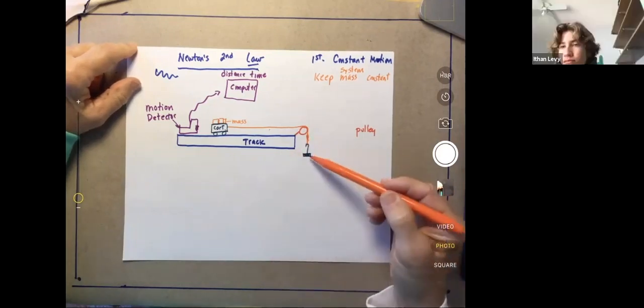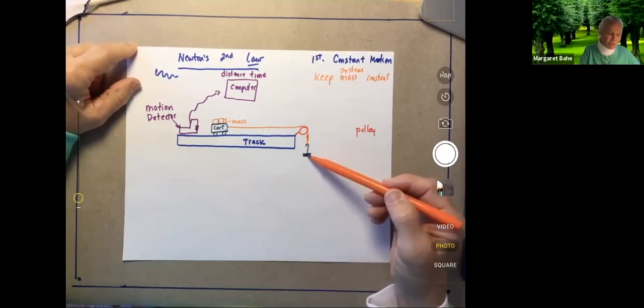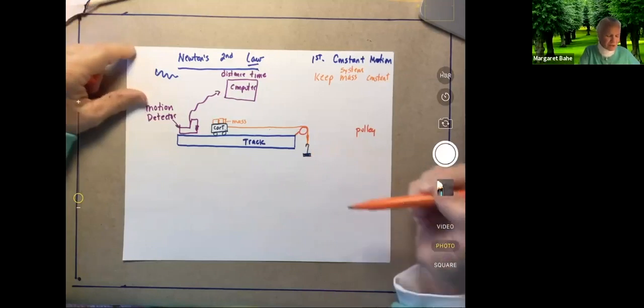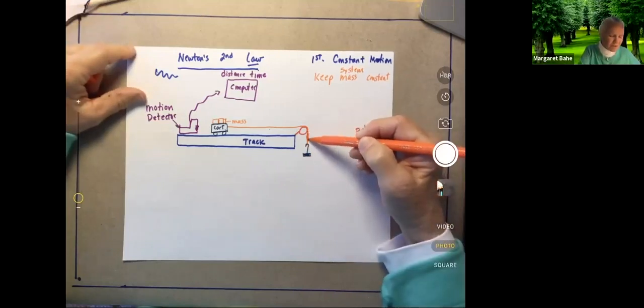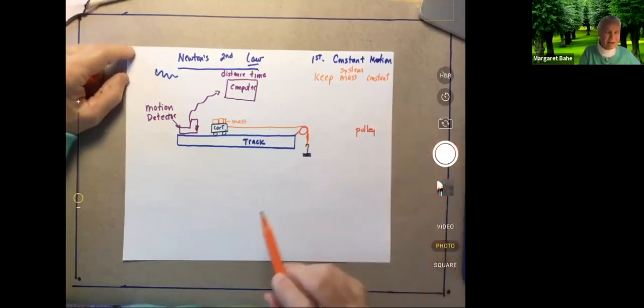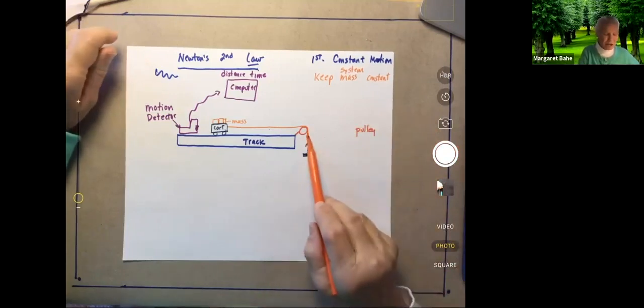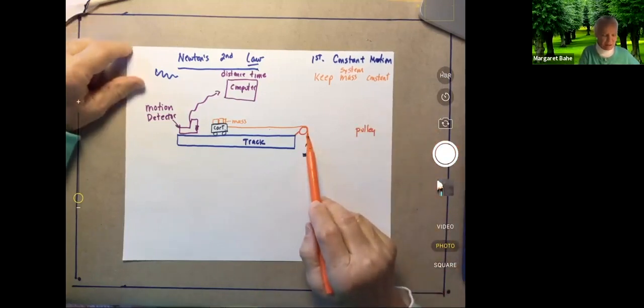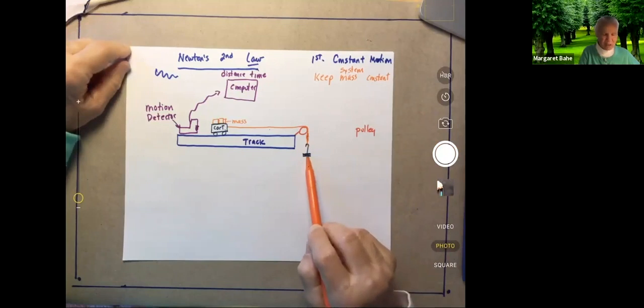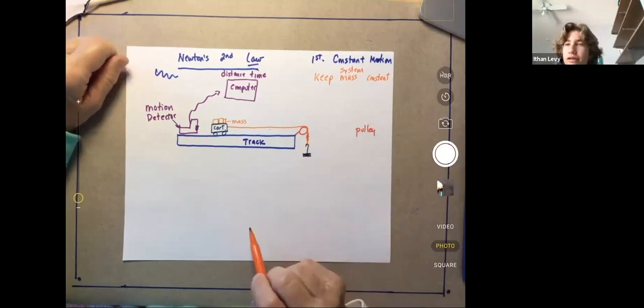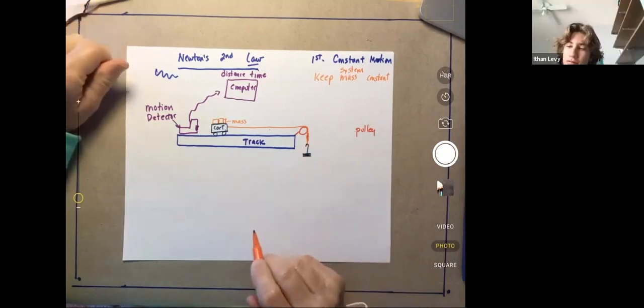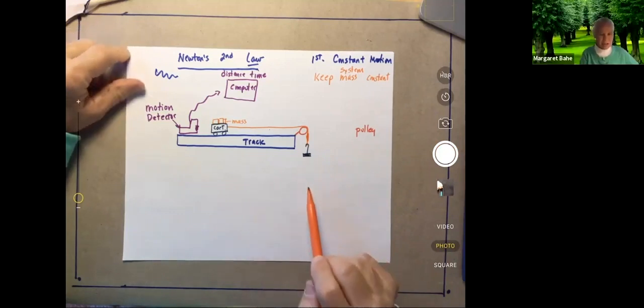So my question here is, why is there a tension being created on that string? Because what does this pan want to do? There's gravity. The force of gravity is pulling this down.